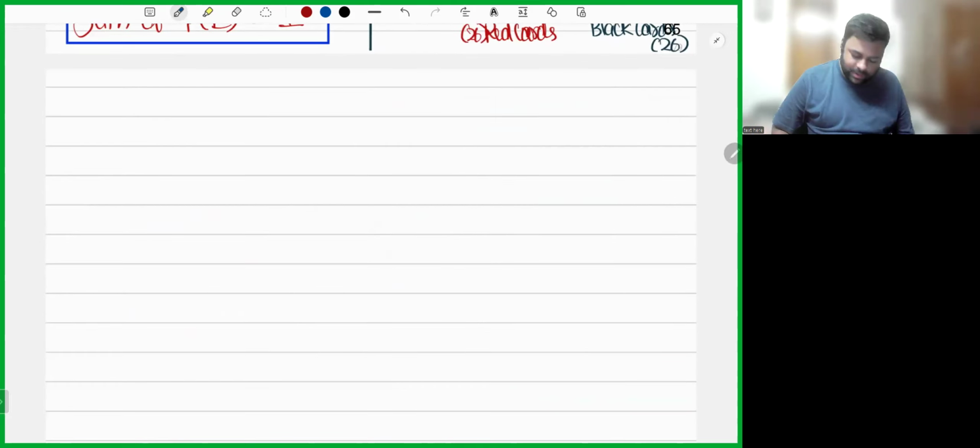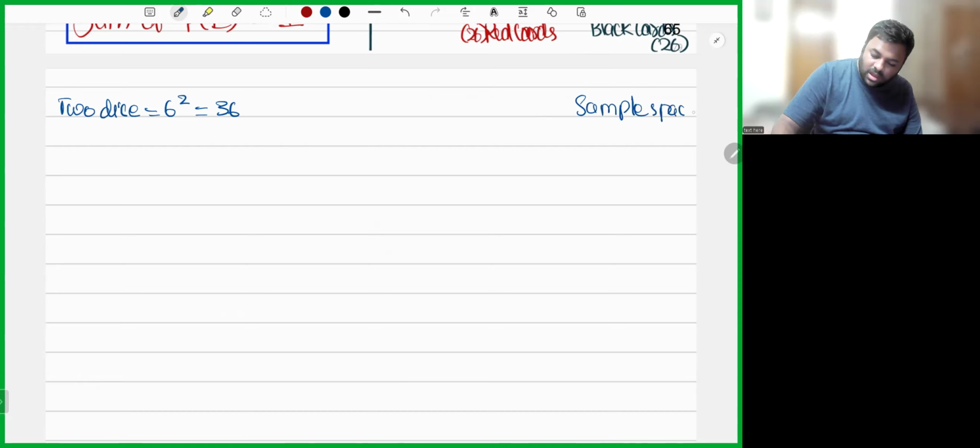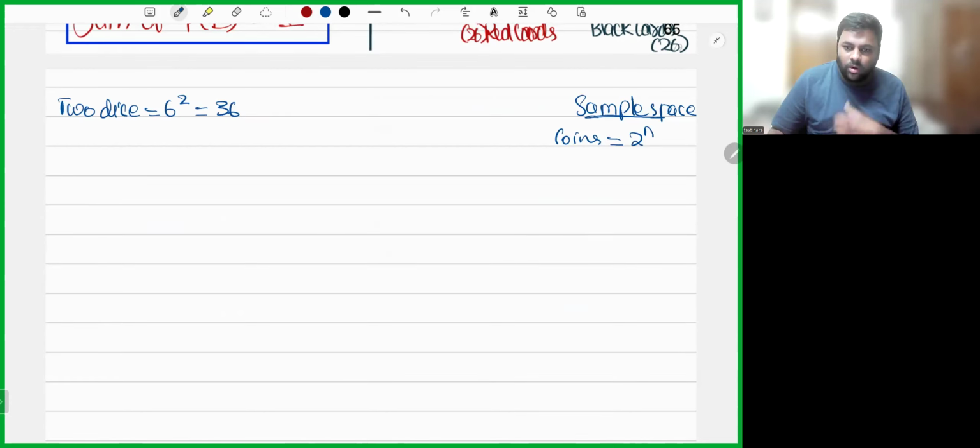If you throw 2 dice, my dear friends, you will get 6 power 2 outcomes, that is 36. Just remember the sample space. For coins, the sample space will be 2 power n. If you toss 1 coin, 2 power 1 outcomes. If you toss 2 coins, 2 square.